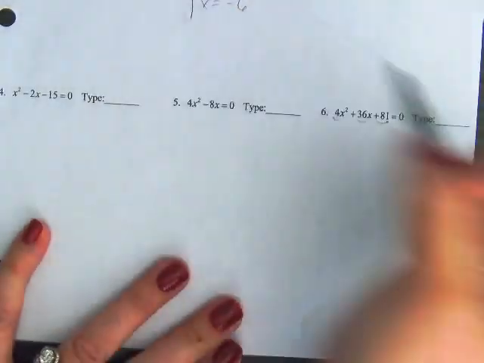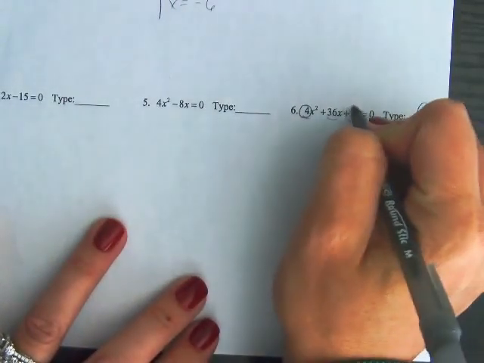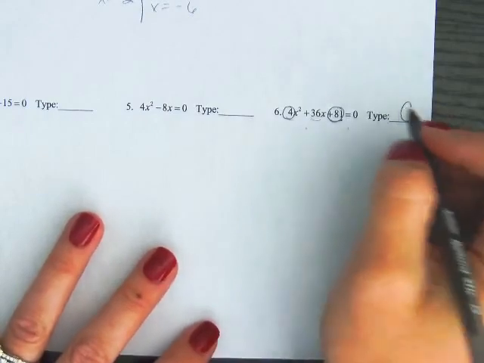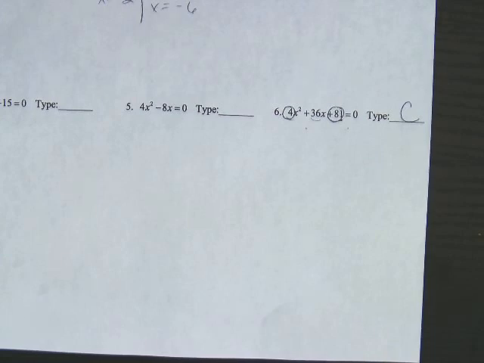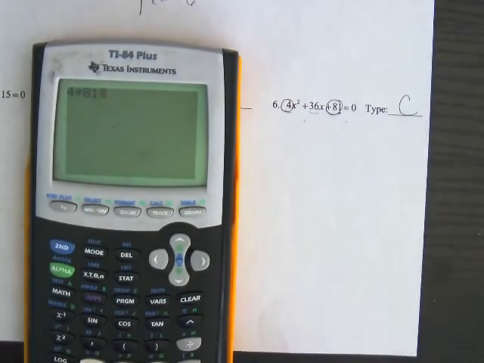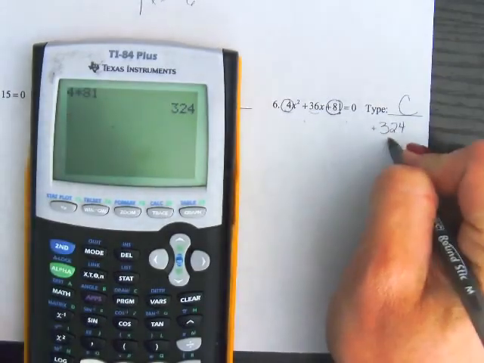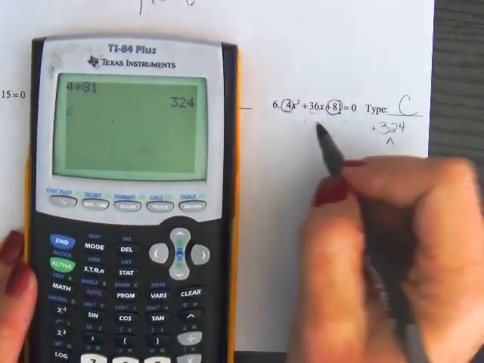I have to use the reverse box method, C. And that means I multiply my A term times my C term, 4 times 81, which is going to give me, yikes, the calculator. Sorry about that. 4 times 81, it's going to give me 324. Positive. So now I need the factors of 324 that are going to add to 36, the middle term.